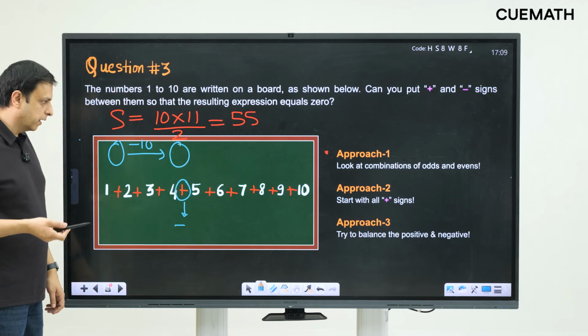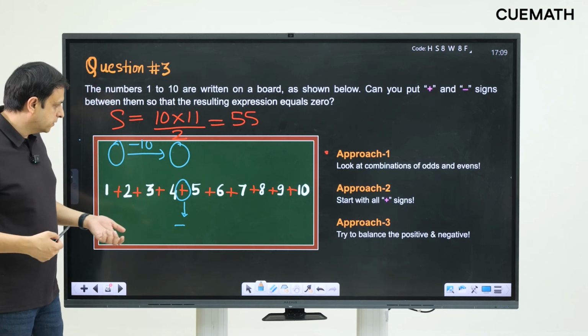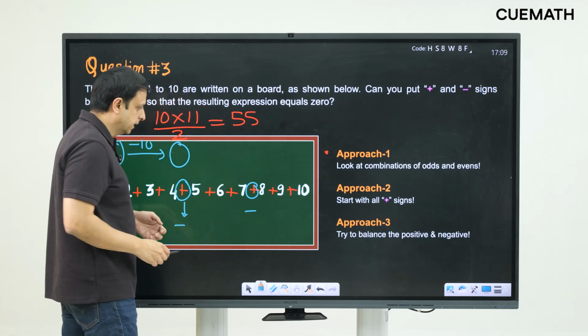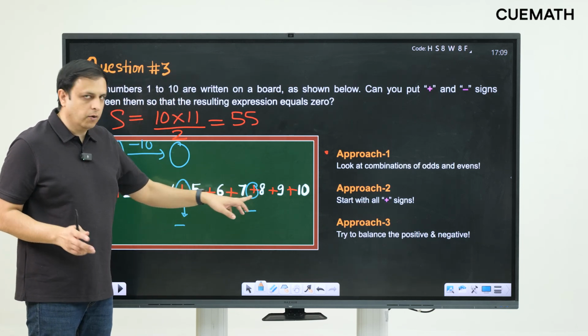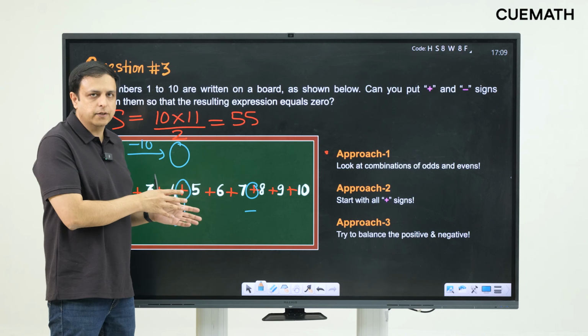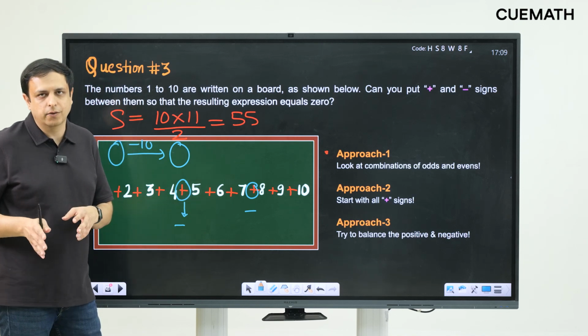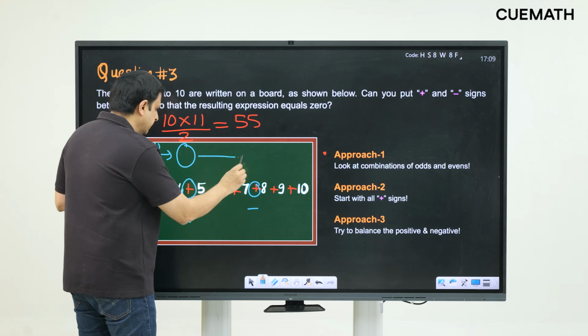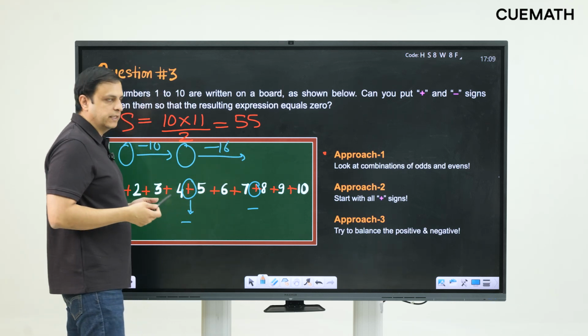45 is also odd. And then if you do this yet again, so let's say you change this plus to a minus sign, this 8 will now not contribute plus 8 to the sum, but it will contribute minus 8 to the sum. The sum will drop by 16, which is an even number.